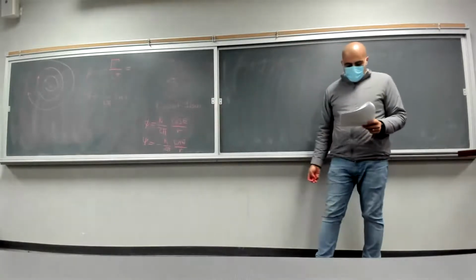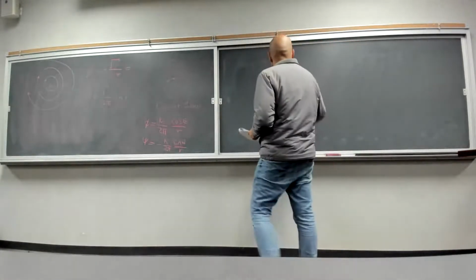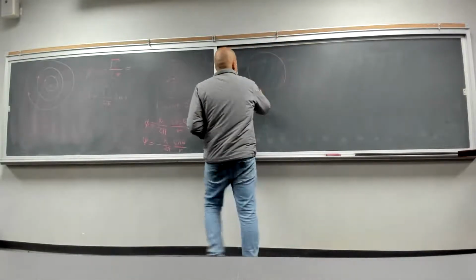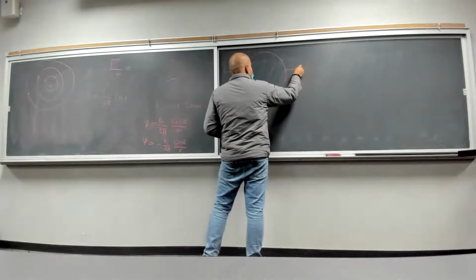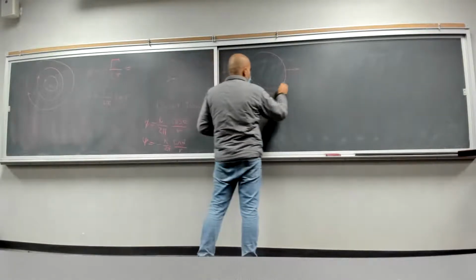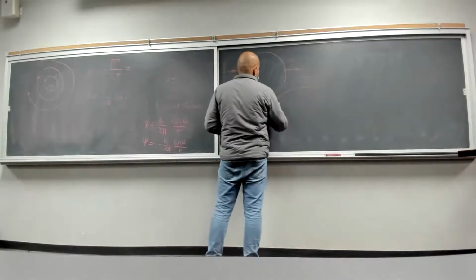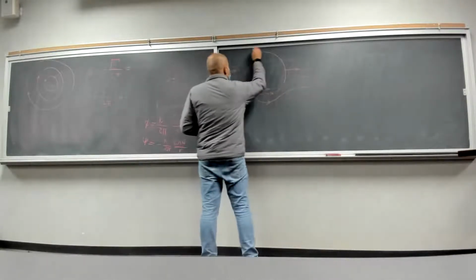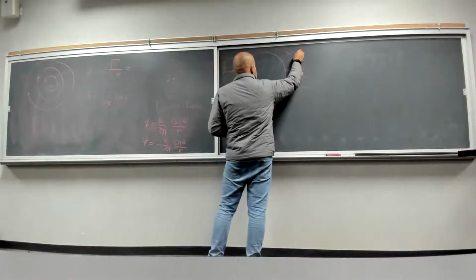Okay. So other combinations. Let's talk about the flow over this. This is something that we just did, right? Flow over a cylinder. We just analyzed, right? We talked about the d'Alembert paradox and all of those things.